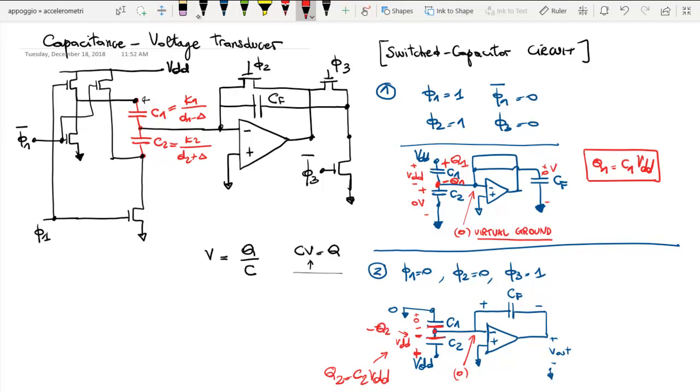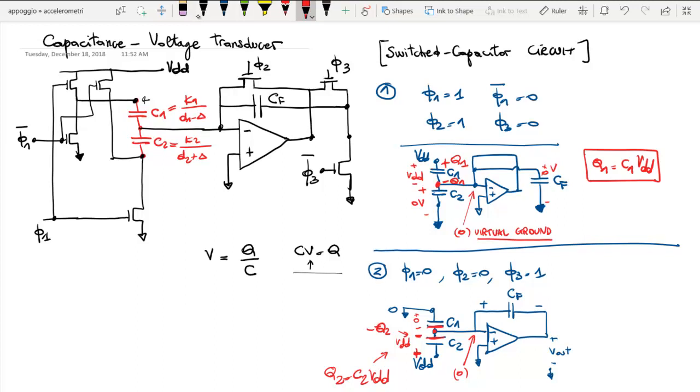So the charge which was minus Q1 is now in part minus Q2 on the top plate of C2, and the rest has only one way to go, because it cannot enter the input of the operational amplifier, because we have no current for the virtual ground at the input of the operational amplifier.